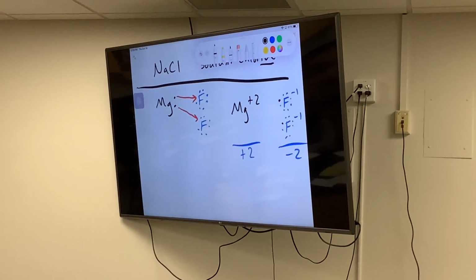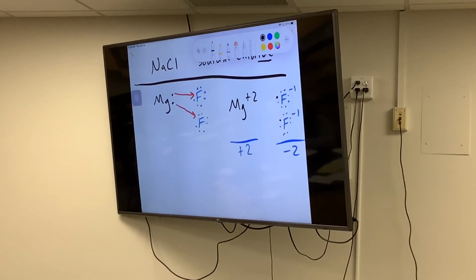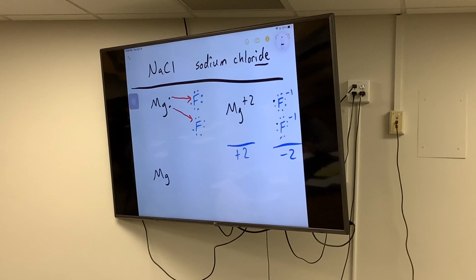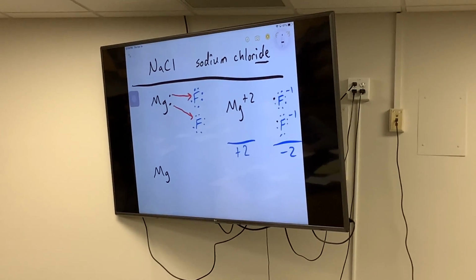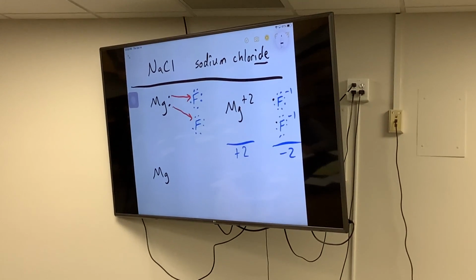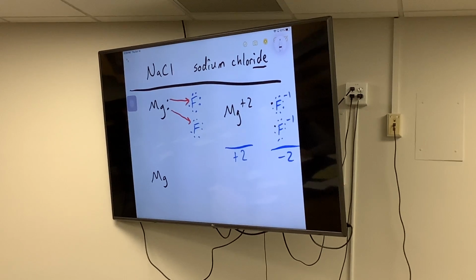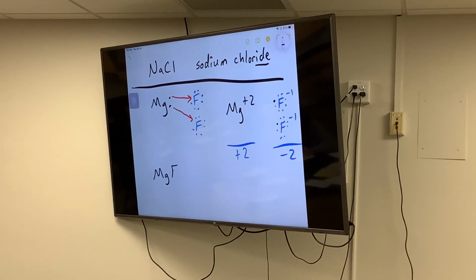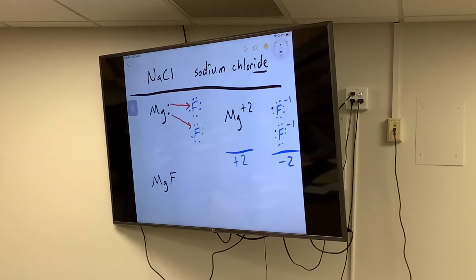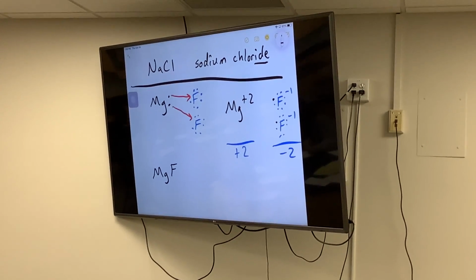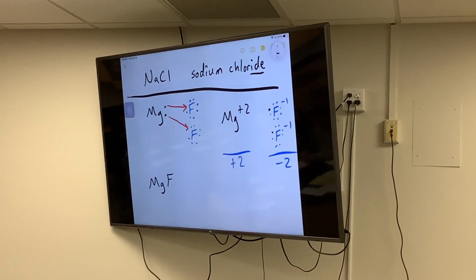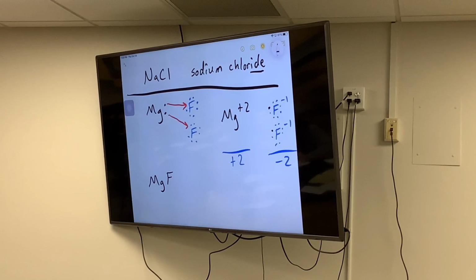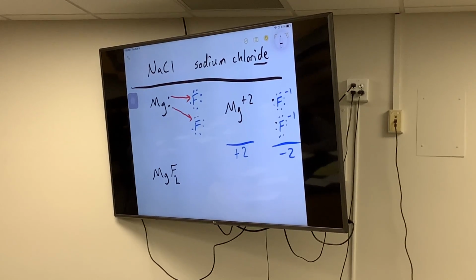All right, then our formula. We're going to use the element symbols. So Mg, and in this case we had just the 1 magnesium atom, and then we had fluorine. How many fluorine atoms did we need to get everybody to the octet? 2. 2 of them. So we will signify that by using a subscript.